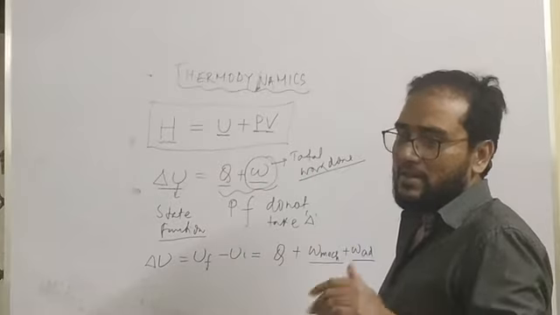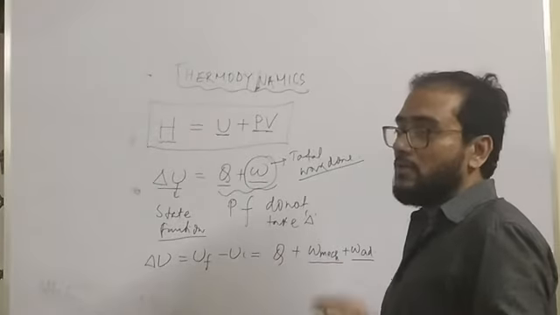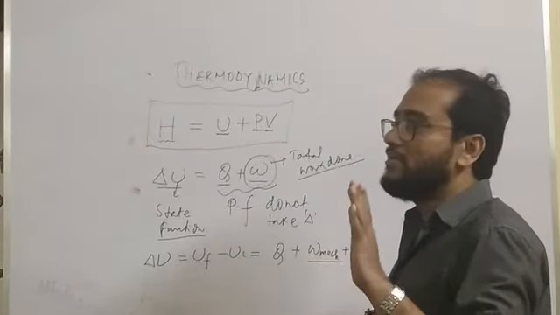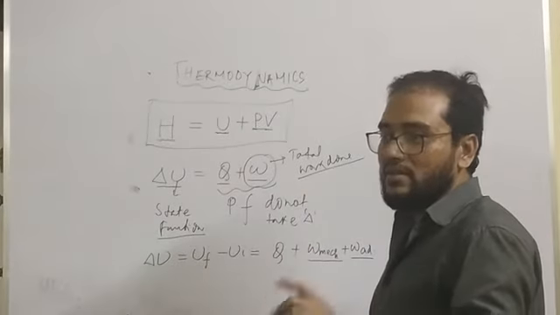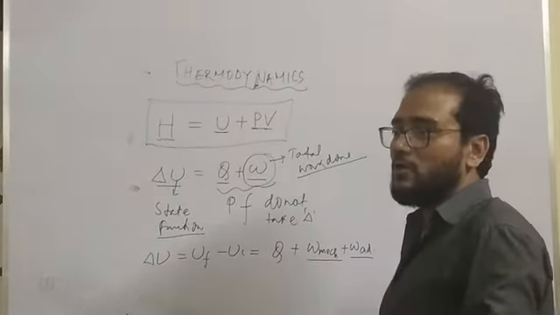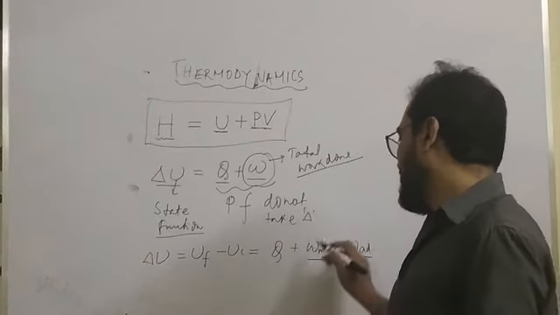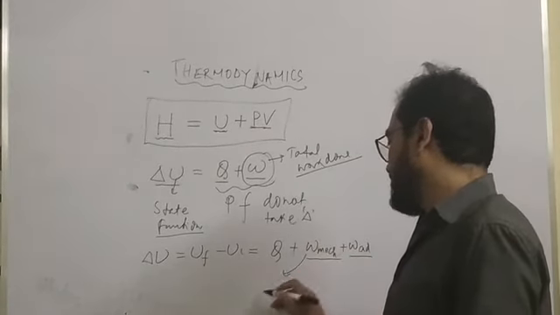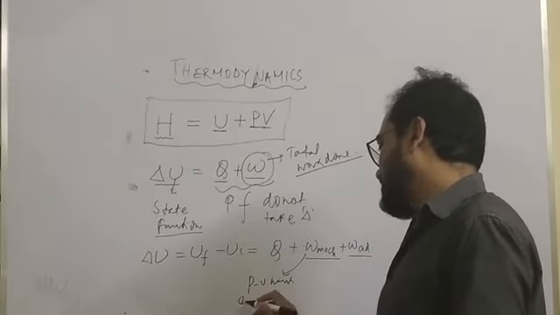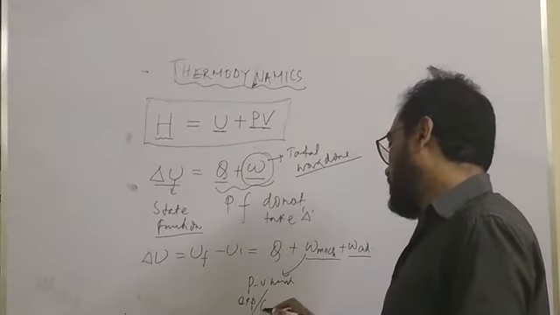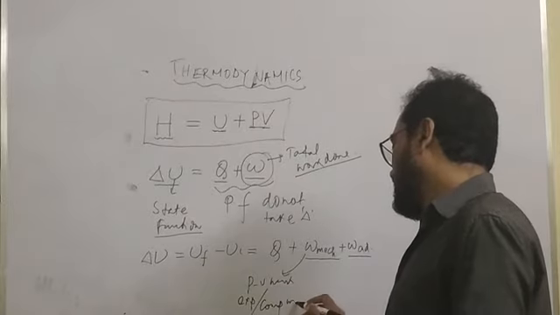The work done by a machine? Oh no. Mechanical work means PV work, where pressure and volume change, simply volume expansion or volume compression. That is, mechanical work means PV work, expansion or compression work.